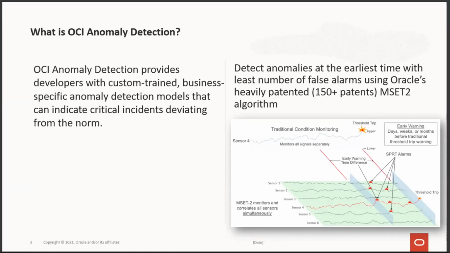Underneath the covers, anomaly detection uses the MSET2 algorithm for multivariate anomaly detection. MSET stands for multivariate state estimation technique. And this algorithm was primarily developed at Oracle Labs. The algorithm has close to 150 plus US patents and is widely used in nuclear power plants and the aerospace industry to identify anomalies and take actions and do preventive maintenance essentially.